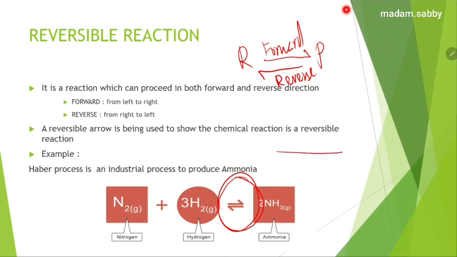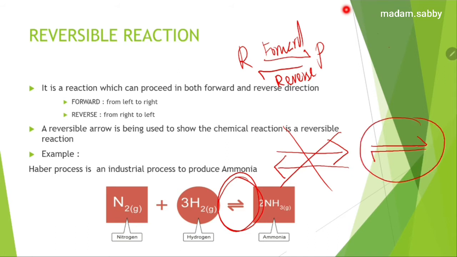I don't want to see you use this kind of arrow to indicate a reversible reaction. This one is completely wrong. We use a single-headed arrow facing the forward direction and another single-headed arrow facing the reverse direction to indicate a reversible reaction.